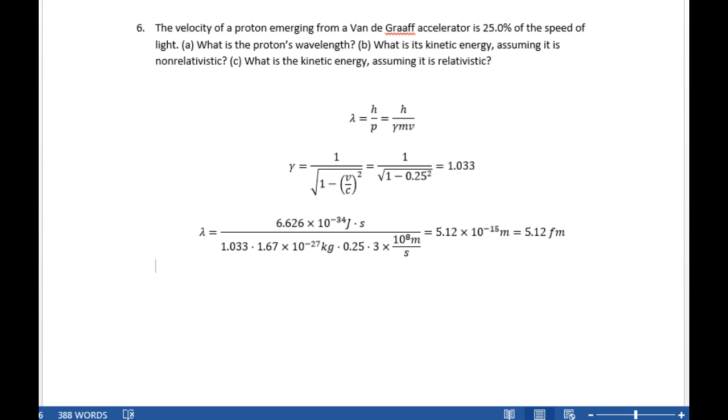And that's the proton's wavelength. What is its kinetic energy, assuming it is non-relativistic?